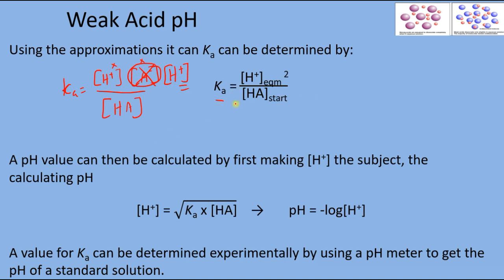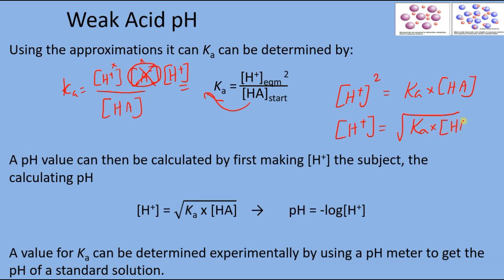Now if you rearrange this, that comes over here, so H plus squared equals Ka times the weak acid concentration, right? Now if you want H plus on its own, you just take the square root of this side, the whole thing, and that's what you see here, right?